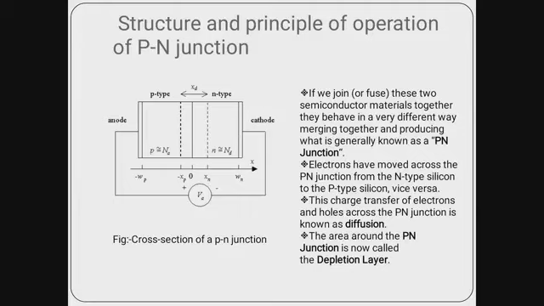The width of these P and N layers basically depends on the doping concentrations. If the doping concentration is high, the width is reduced. If the doping concentration is very low, then the width of the barrier is increased.